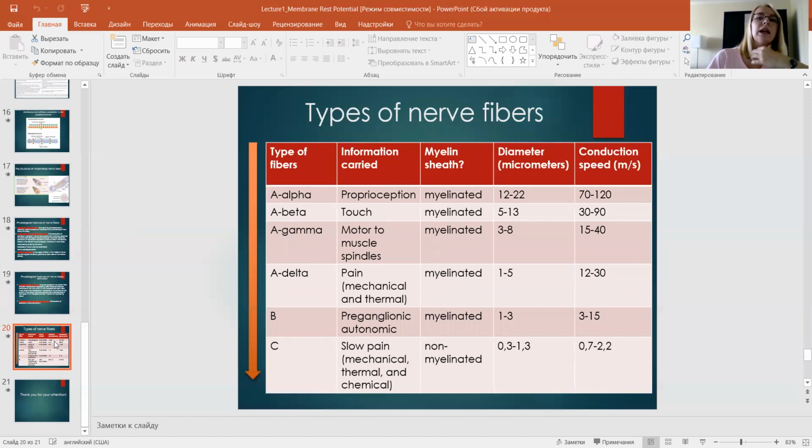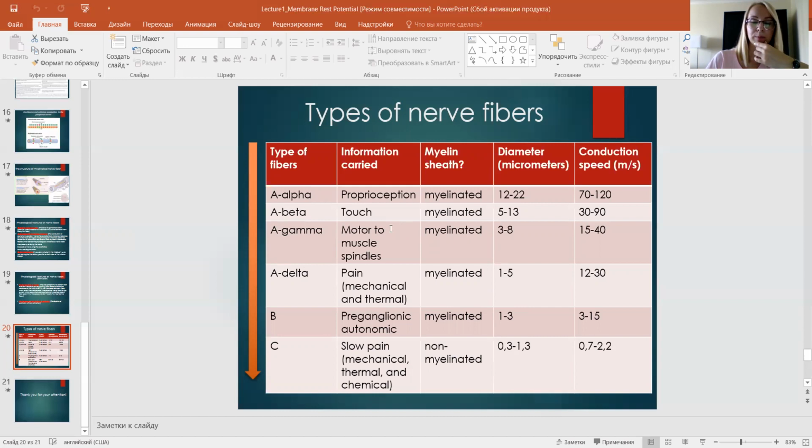We already said that there are two big groups of nerve fibers, myelinated and unmyelinated. Besides this classification, there is another classification based on the diameter and the conduction speed of the action potential. According to this classification, we have three big groups of nerve fibers, A, B, and C. Group A is subdivided into A alpha, A beta, A gamma, and A delta.